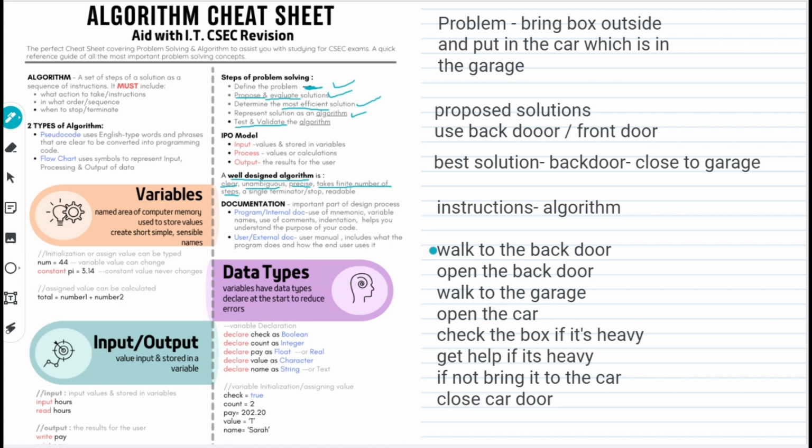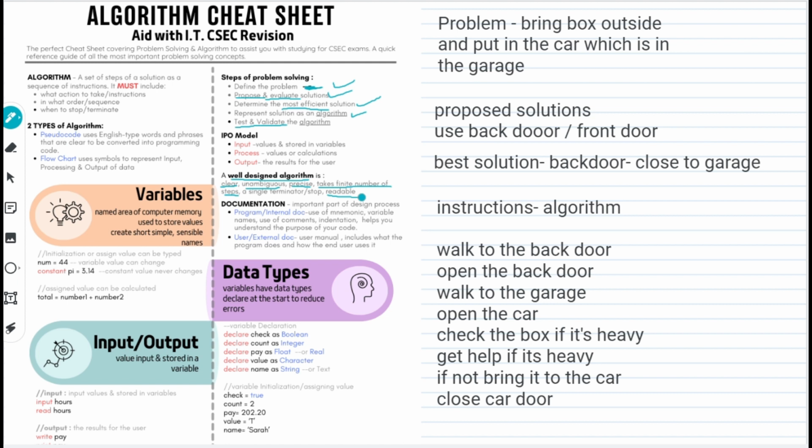It must be readable, right? Because if you're giving it to the computer to read, it must understand what you're doing. I don't need Kyle to come and interpret and tell the computer what he meant to say. It must be exact. It must be clear. It must take a finite number of steps. And it must be readable.